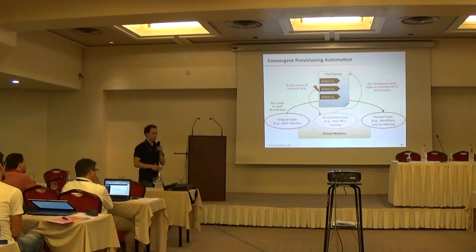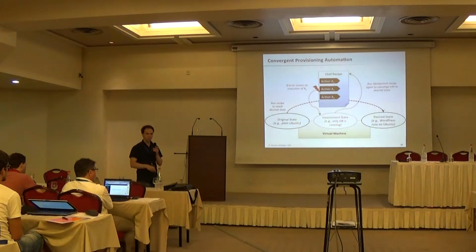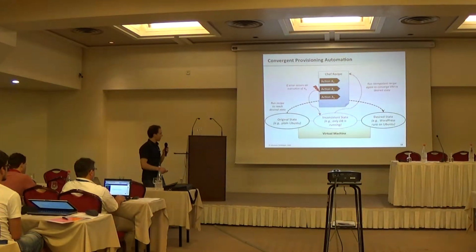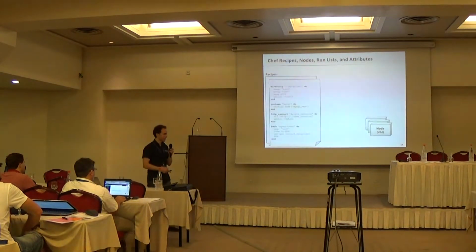And this is why it is important to implement such a recipe in an idempotent manner. That means you as a developer of such a recipe have to ensure that all the actions are idempotent. That means it doesn't matter if you run this action once or twice or several times. Which is not easy, by the way.